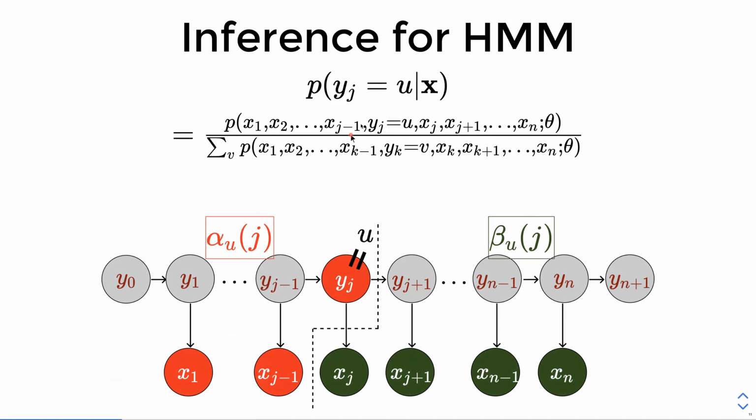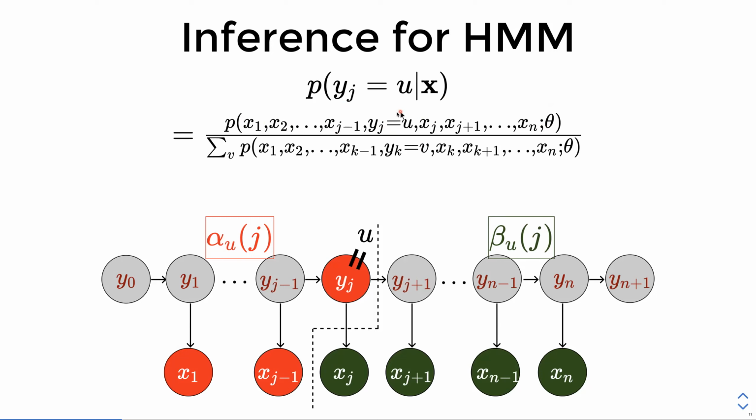The nice thing about rewriting the denominator like this is that we want to make the two probabilities similar to each other, and by making them similar, we can just focus on something like this first.